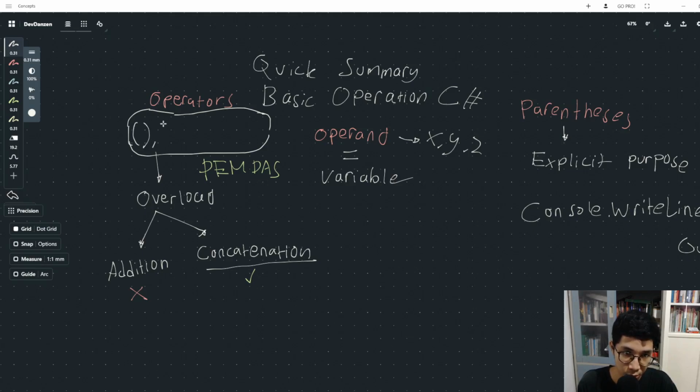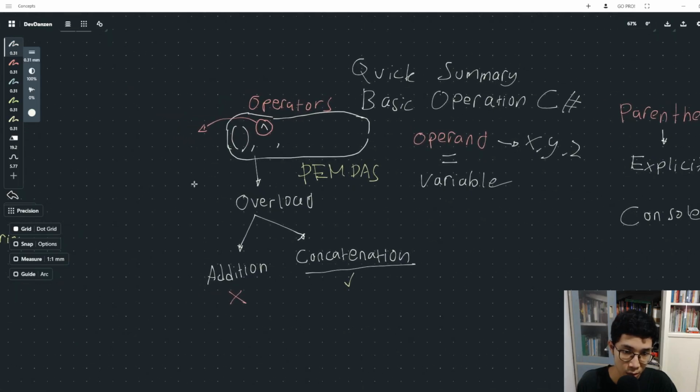Parenthesis is the first priority, and then the exponent. For the exponent you need to use some class library or methods available in the class library, such as System.Pow. You need to put this.